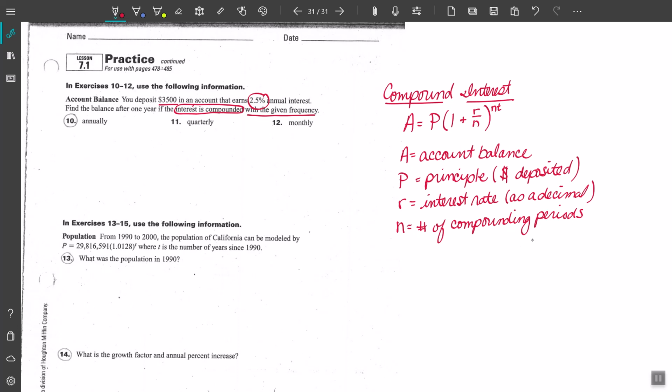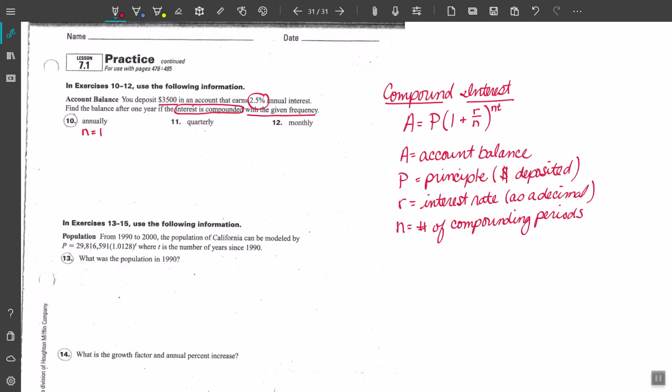So that's what N is. It's the number of compounding periods. It's the frequency with which the interest is going to be compounded. If it's only compounded annually, then after 1 year, it's only been added in 1 time. So our N in this case on number 10 is 1.